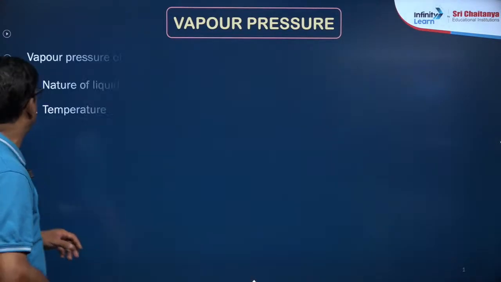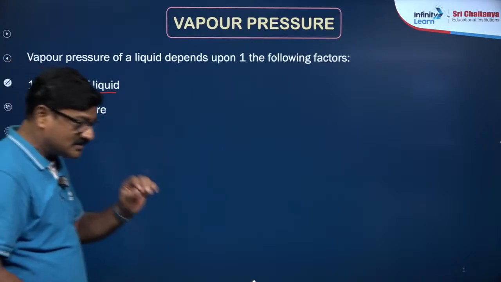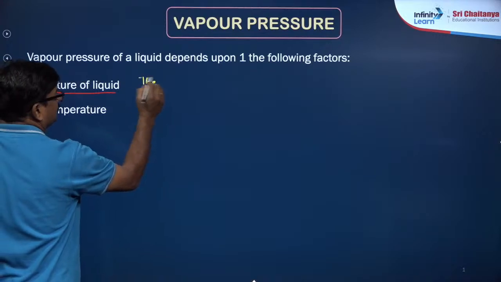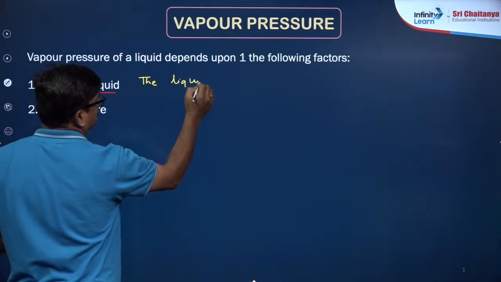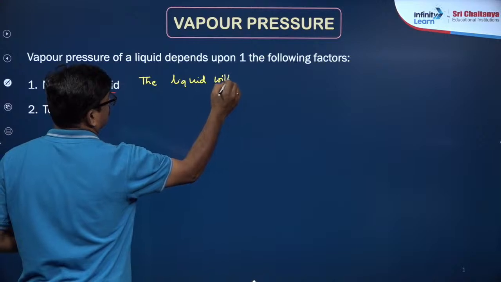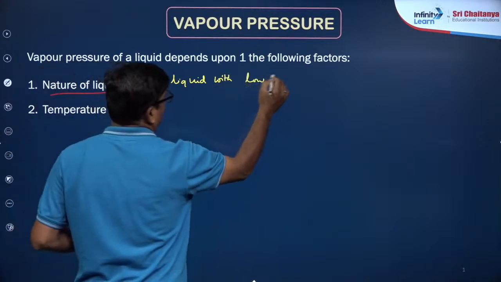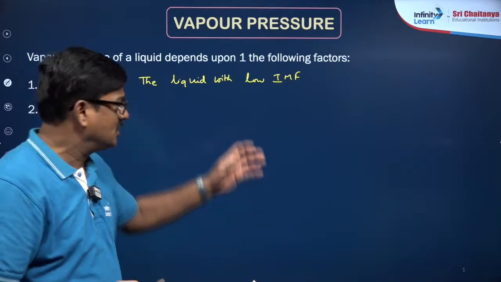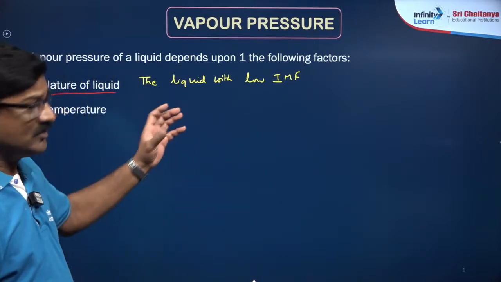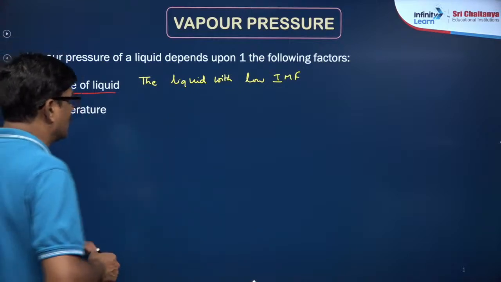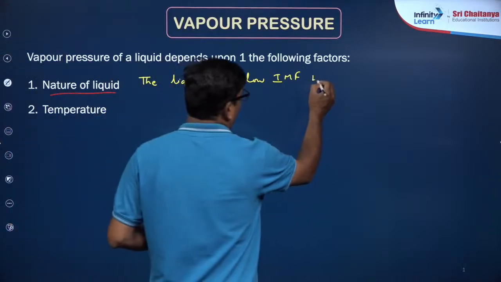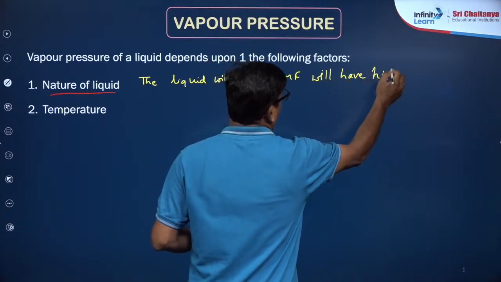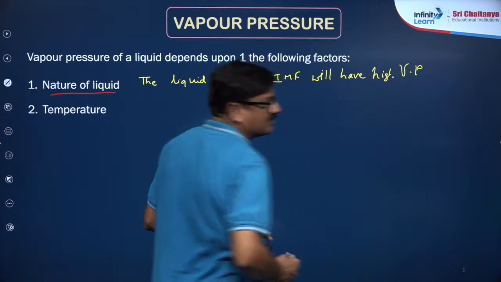The nature of the liquid means the liquid with low intermolecular force, IMF, whatever the intermolecular force is, it can be van der Waals force or hydrogen bond. So the liquid with low intermolecular force will have a high rate of evaporation, so high vapor pressure.